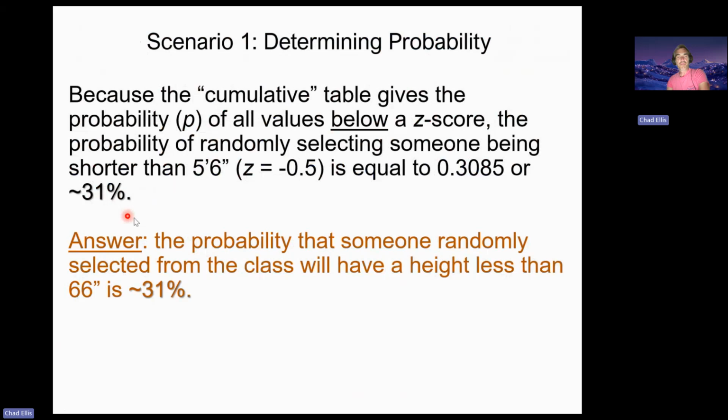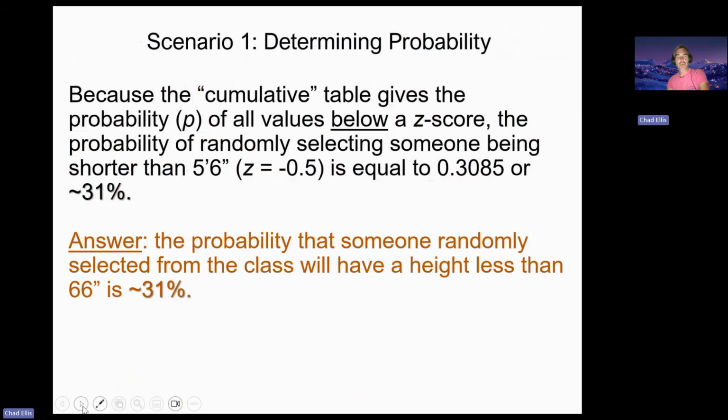So essentially, reading that cumulative table, because the cumulative table gives us the probability of everything less than the X value that we're looking for, we've already answered the question. The probability of selecting somebody shorter than 66 inches, or a Z-score of minus 0.5, based on the cumulative table, is about 31%.